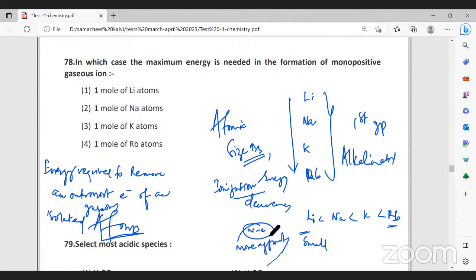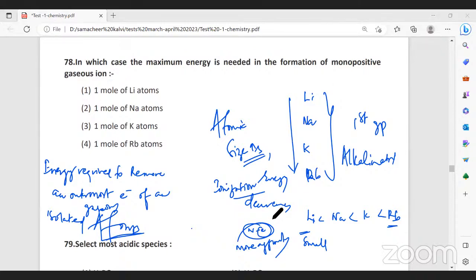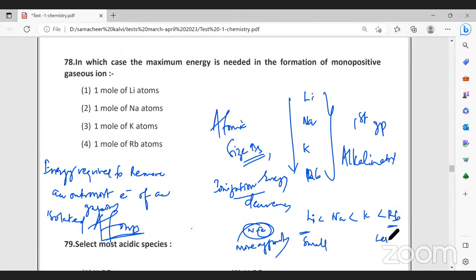Since they have more affinity, the energy required to remove this electron will be very high. So the interaction between nucleus and electron will be more when the size is small. And here, there will be less affinity between nucleus and electron. Therefore, to knock the electron from rubidium, the energy required will be less. I hope you are following.